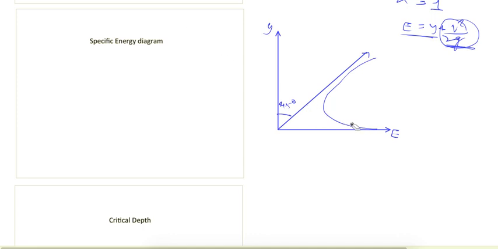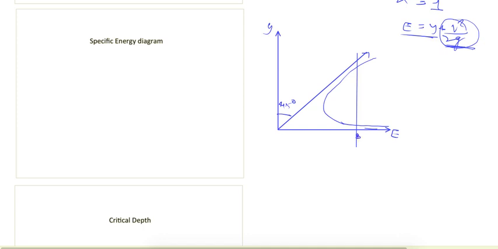It does not touch here, but it comes like this. So from here we can see that for any specific energy there are two depths of flow for the same specific energy.